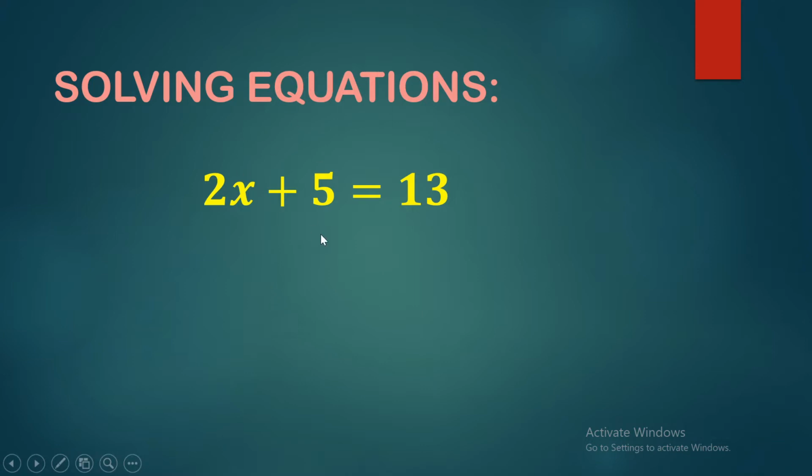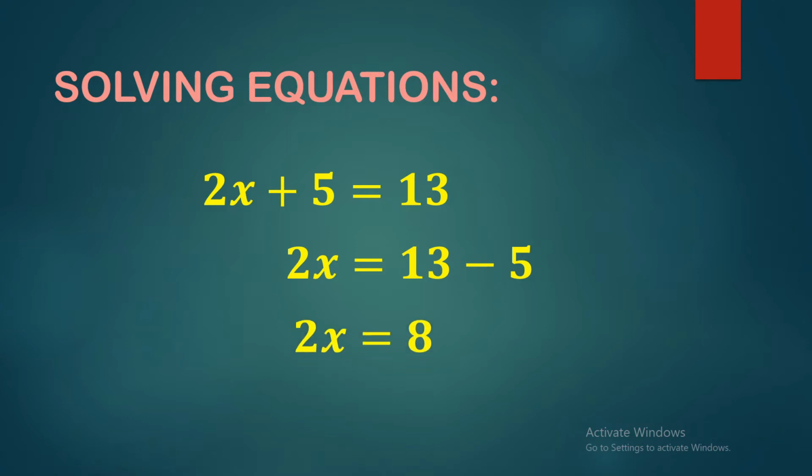So if we transpose positive 5, we only have now 2x on the left side. And then, to transpose positive 5, the sign will change. So from positive 5, it now becomes negative 5. Simplifying the right side of the equation, we have 13 minus 5, that's 8. So we now have 2x equals 8.